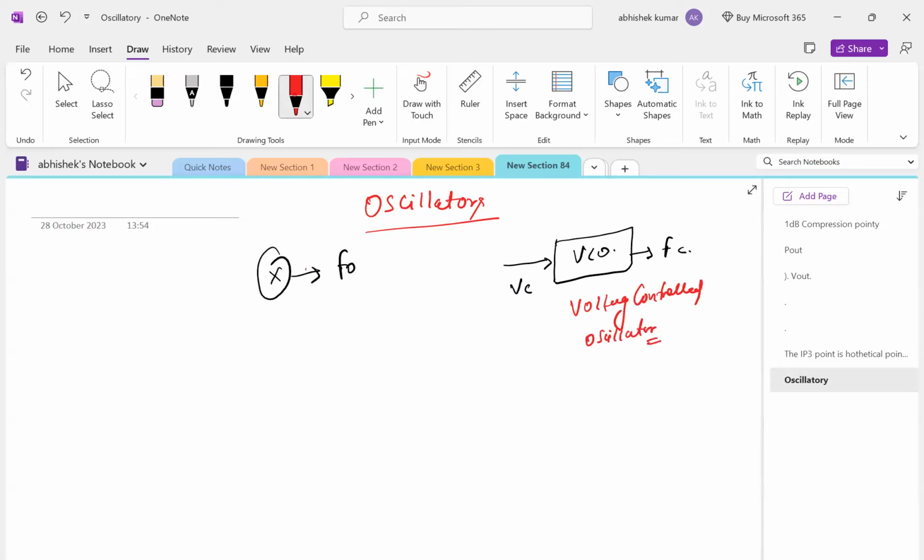Basically, one is giving you a fixed frequency f naught, and here we are getting a variable frequency, and these frequencies change depending upon the voltage. So that is known as VCO, voltage control oscillator.